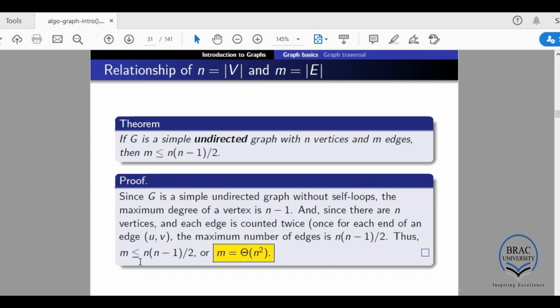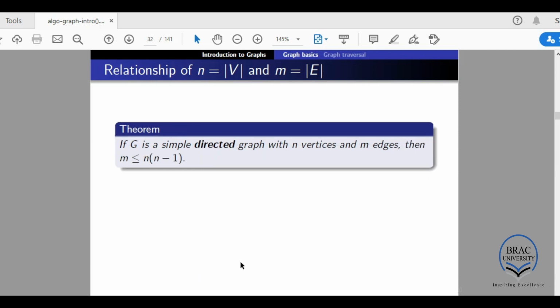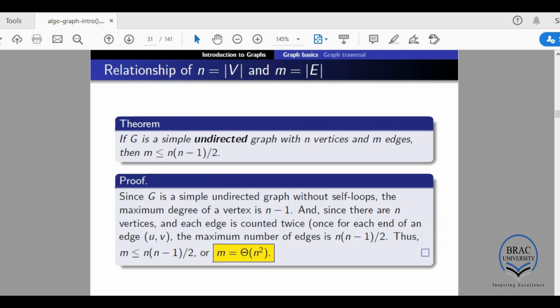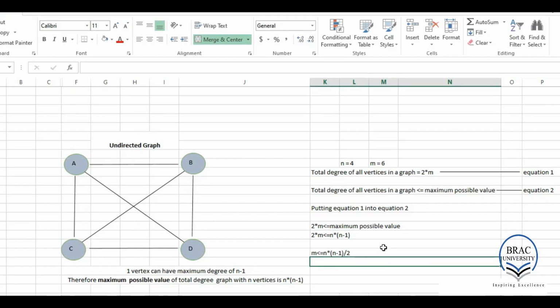Thus, m is smaller than or equal to n into n minus 1 by 2. So this is the proof of the theorem. You can write it this way as well, or if you want to break it down and understand it, you can also use this procedure.